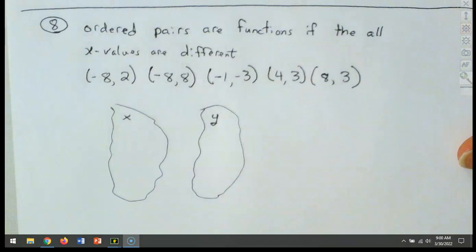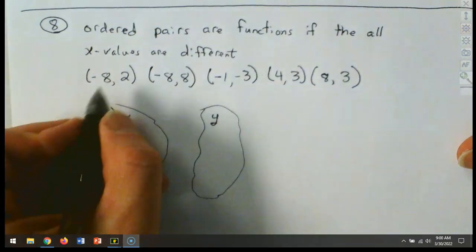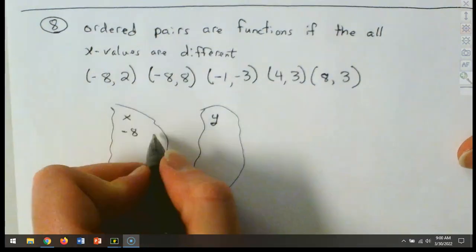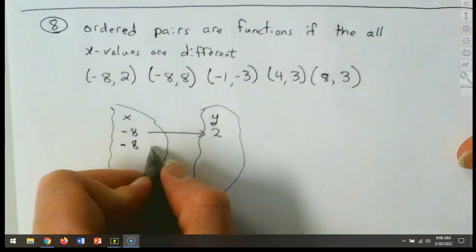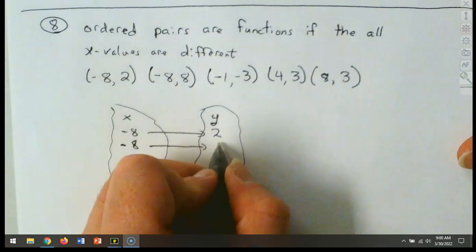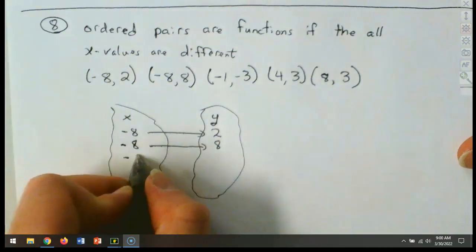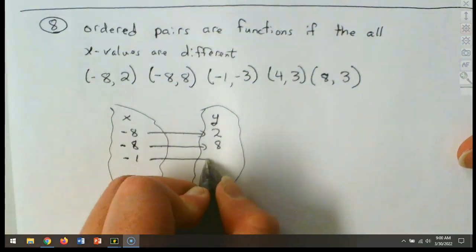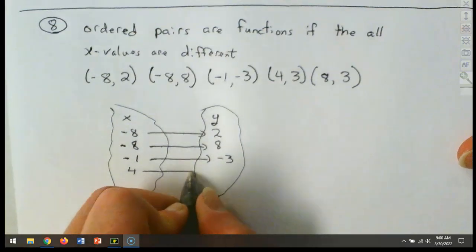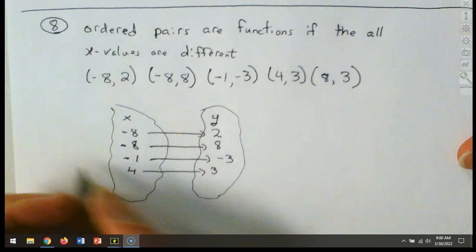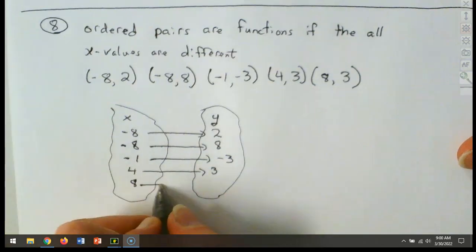It's a mapping. So x goes first, so -8 maps to 2. -8 also maps to 8. -1 maps to -3. 4 maps to 3. And 8 also maps to 3.